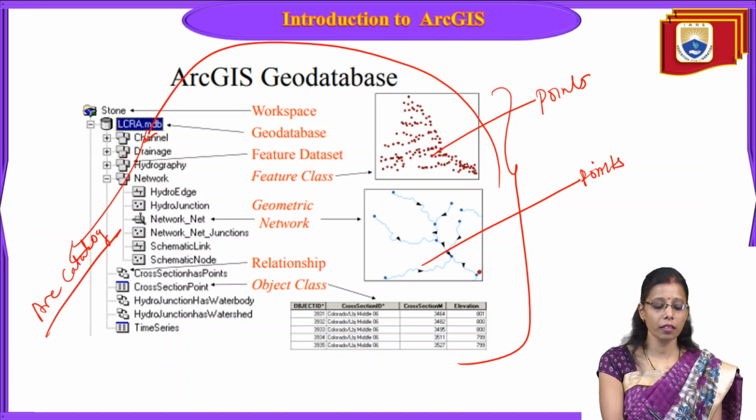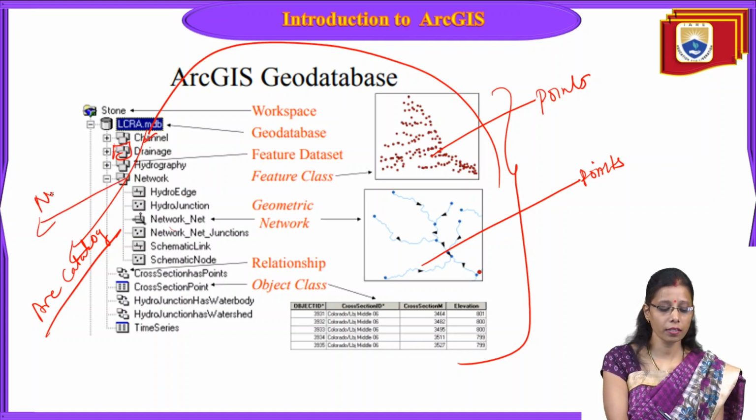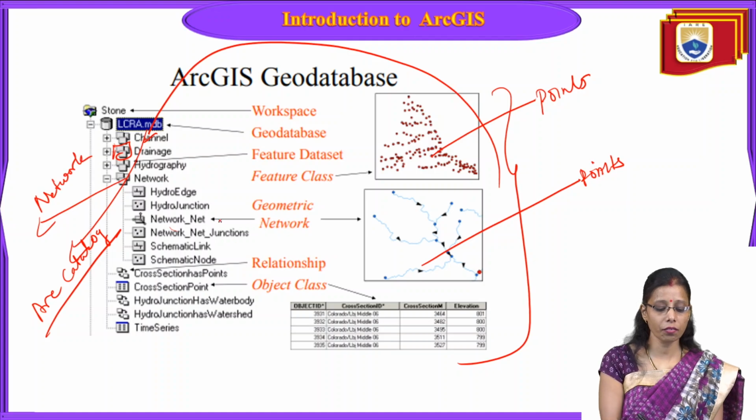Here the folder is created. In this folder, you can see a folder called network. In this network, I have all these shapefiles. I have this line, this is a point. You can see the shape here, it's like a line.